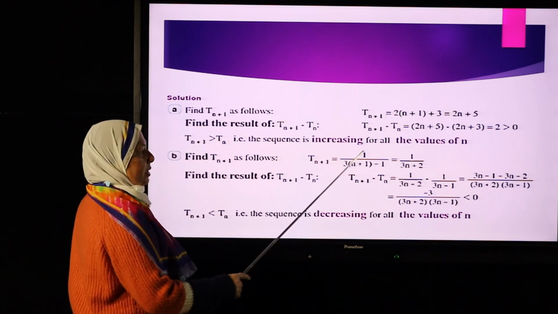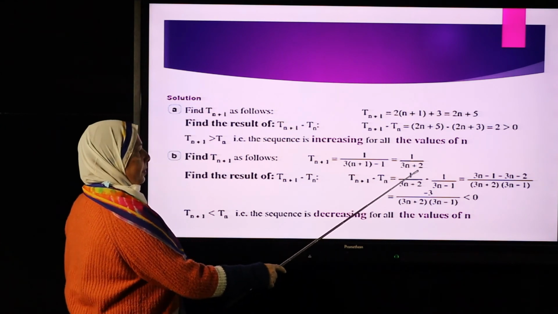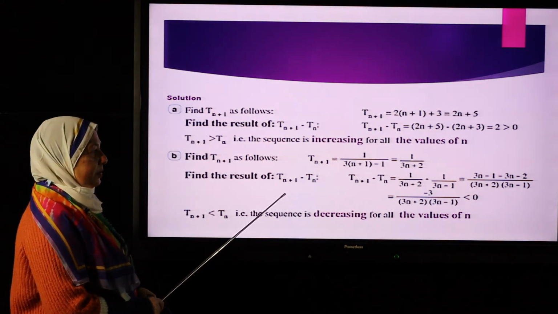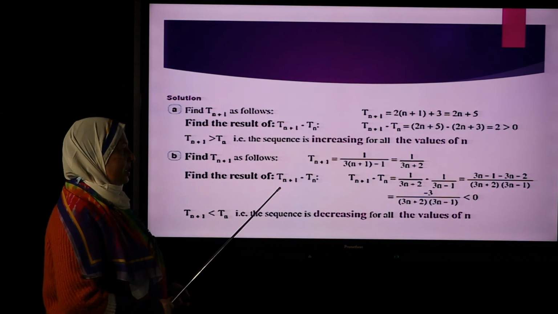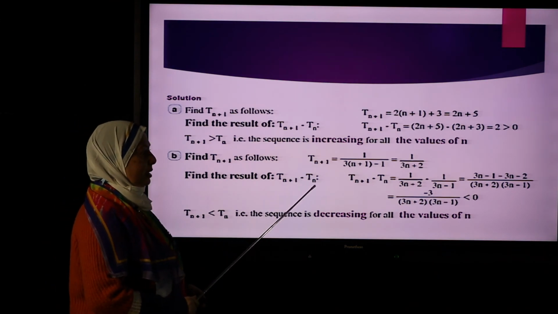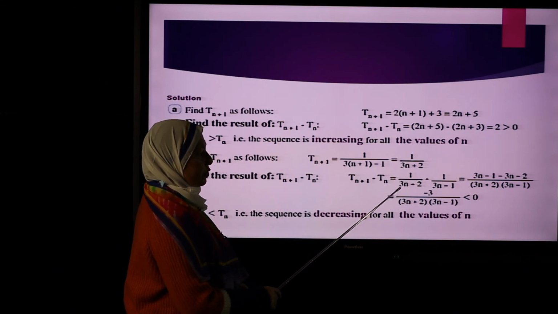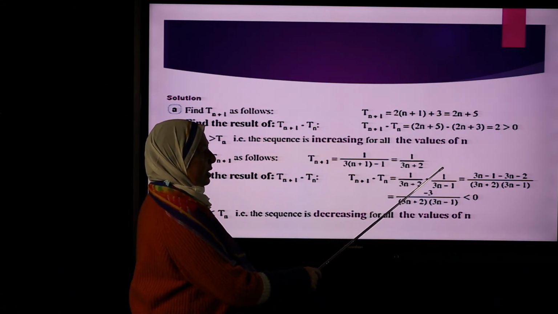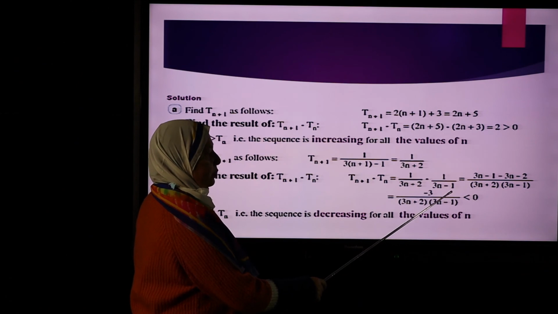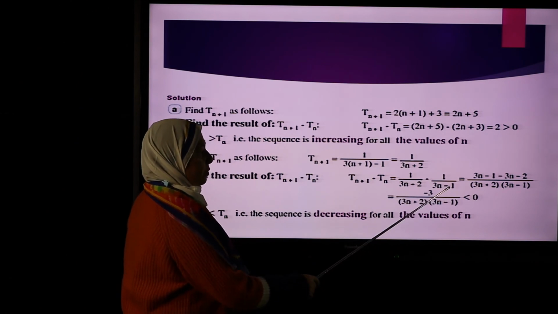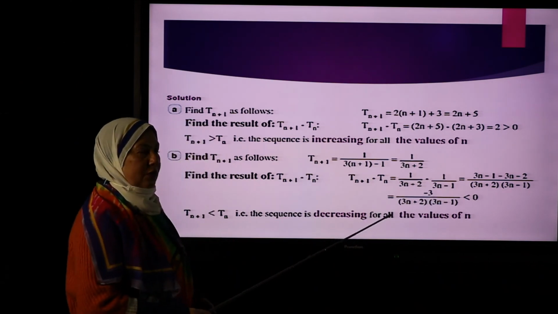Therefore, T(n+1) equals 1 over (3n plus 2). We subtract: T(n+1) equals 1 over (3n plus 2) minus Tn equals 1 over (3n minus 1). Not the same denominator.